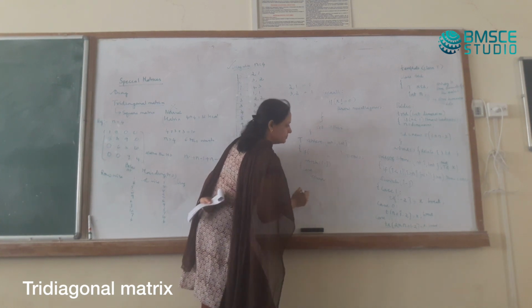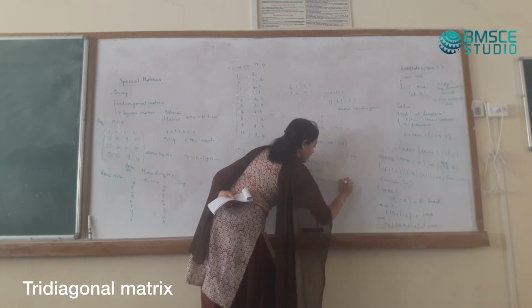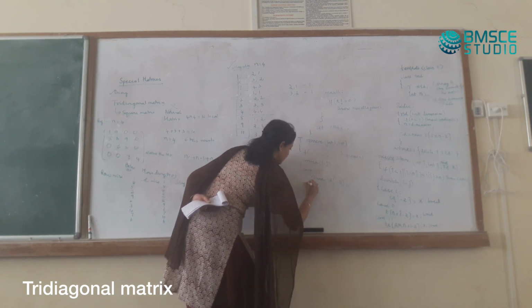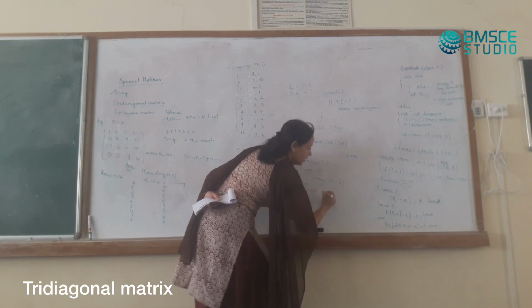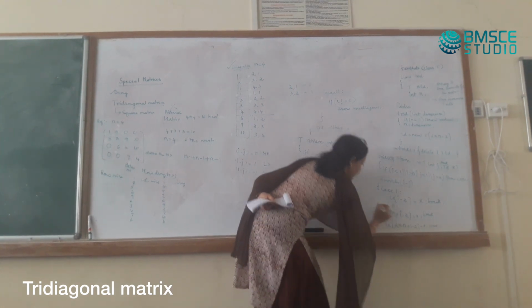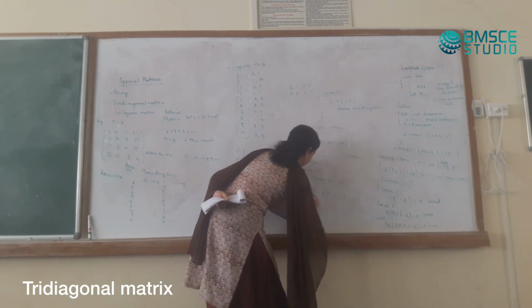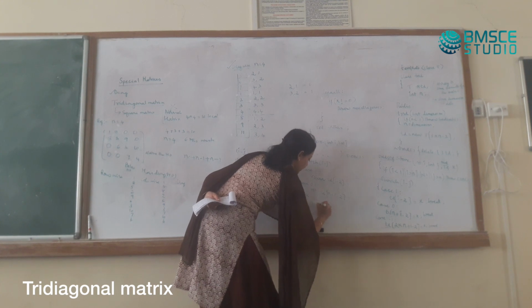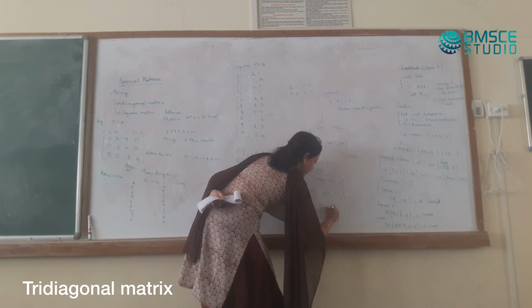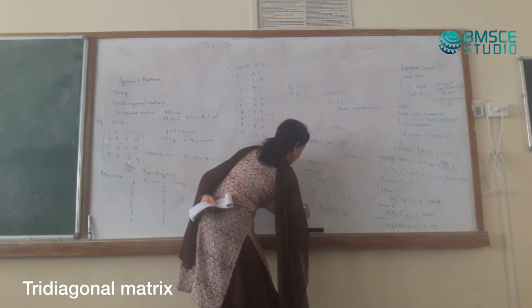Return TD of I minus 2. Case 0, return TD of n plus I minus 2. Case minus 1, return TD of 2n plus I minus 2.